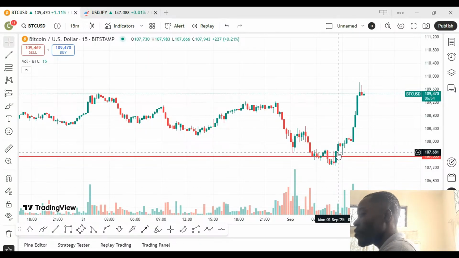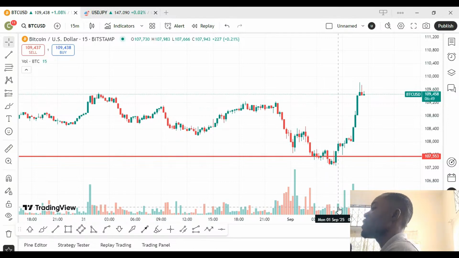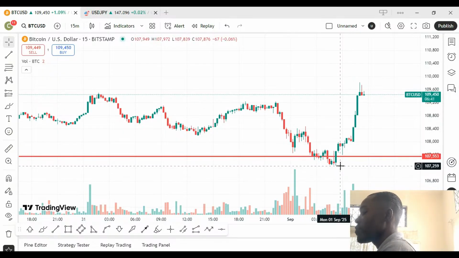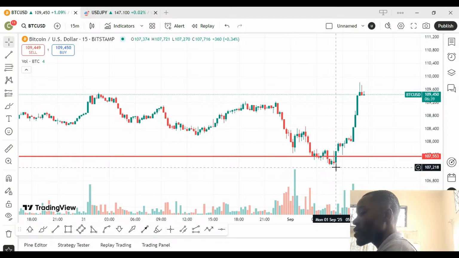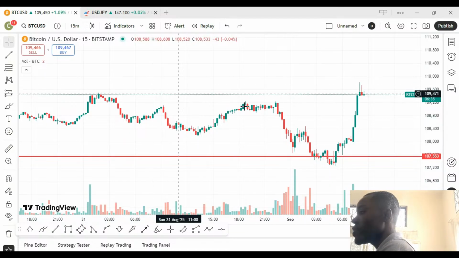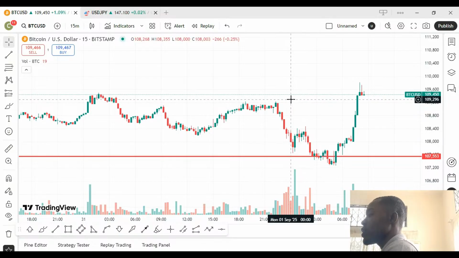Secondly, it was confirmed by what? A volume indicator. And you've got no choice than to enter the market, place your stop loss just beneath the previous candlesticks, and your take profit should be the recent resistance area.